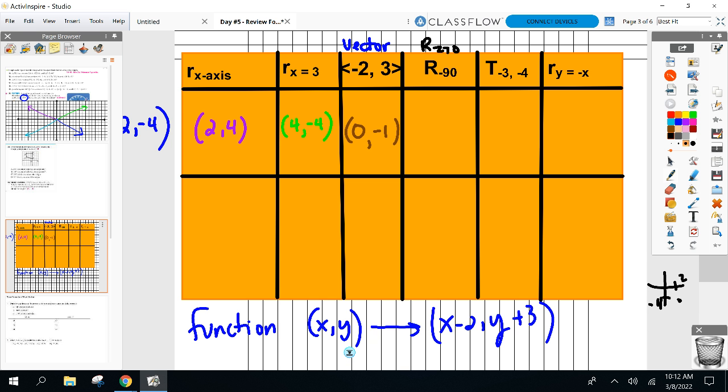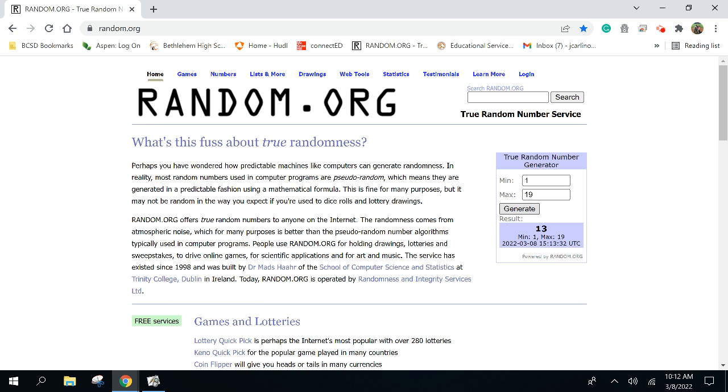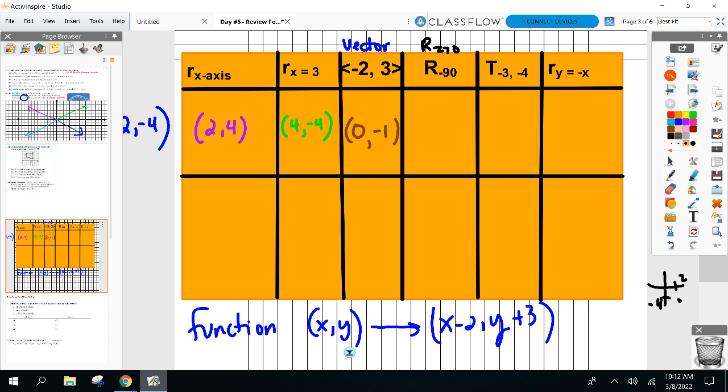Where's my new coordinate now? New coordinate? 4, 2. I think you went to the left.